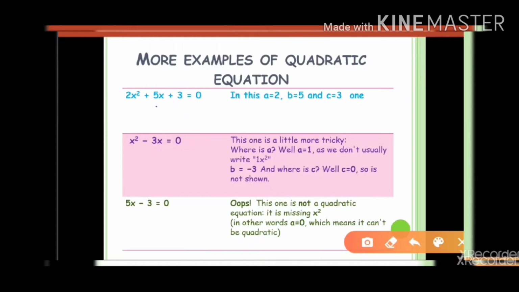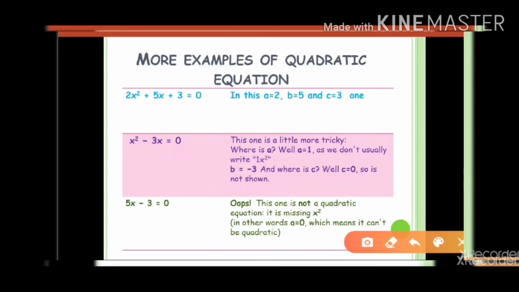2x squared plus 5x plus 3 equal to 0. This is a quadratic equation. When we compare this equation with the standard form ax squared plus bx plus c equal to 0, we get a equal to 2, b equal to 5 and c equal to 3.